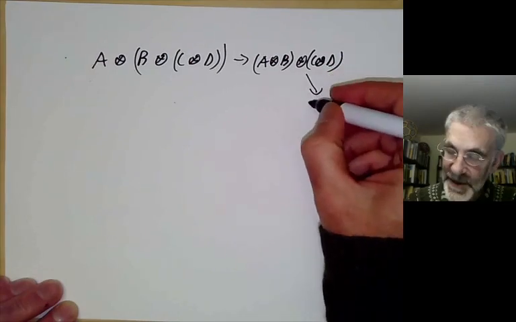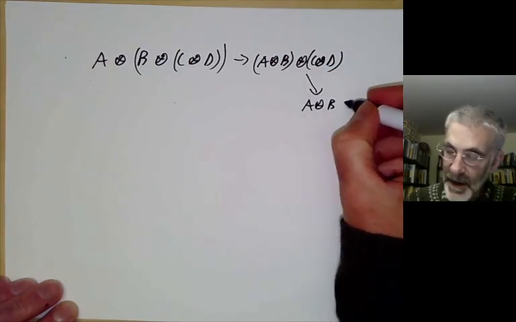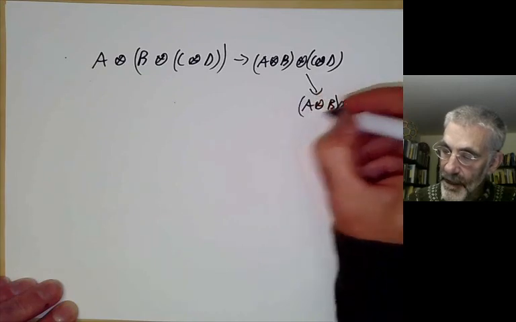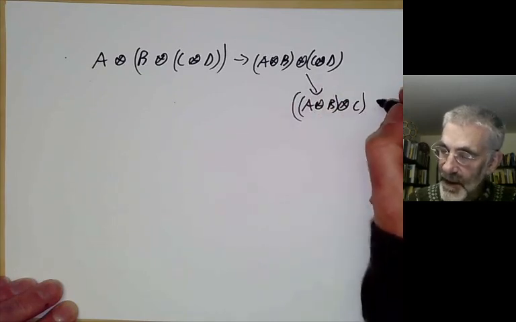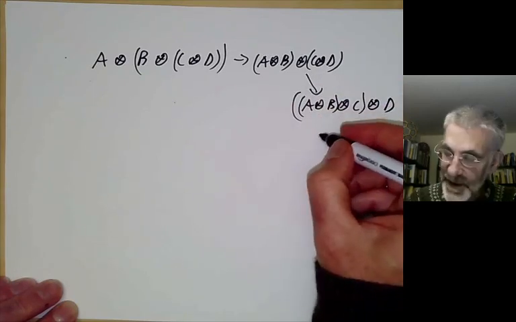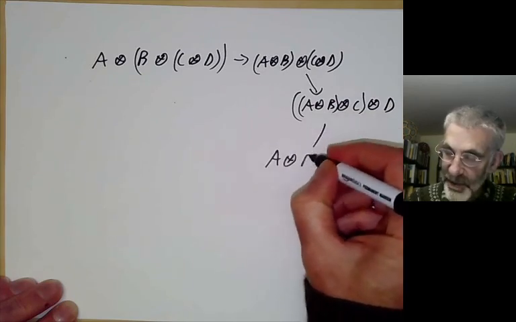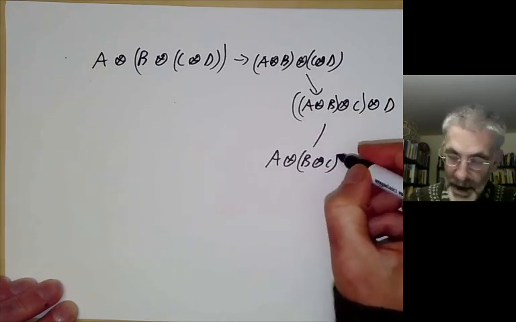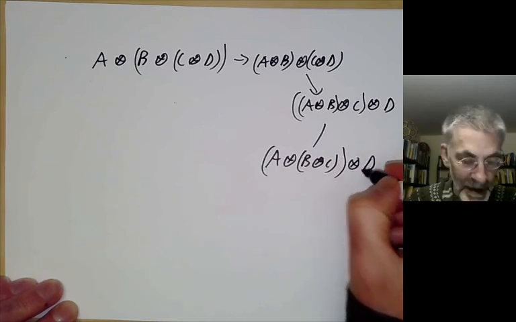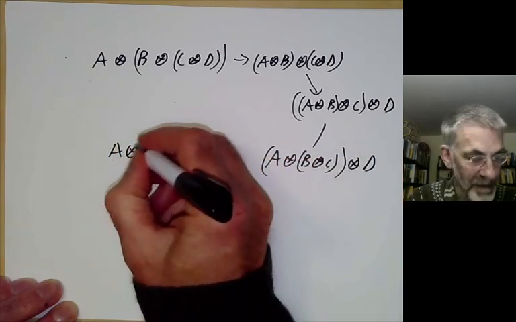But then we can map this to A tensor B, tensor C, tensor D. And this should be isomorphic to A tensor B, tensor C, tensor D. I hope I'm getting all this right. This is all a bit confusing.